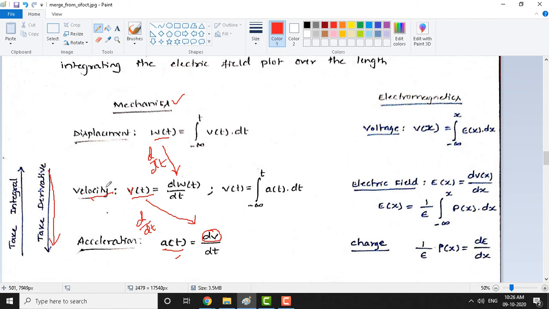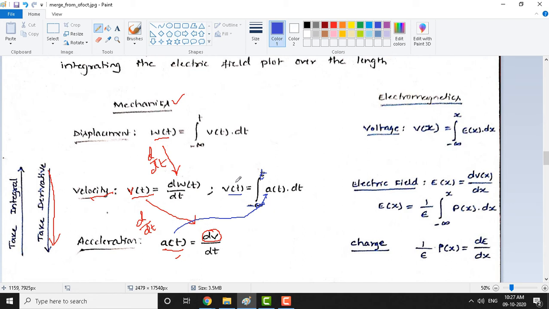If you want to go in the reverse direction, you have to do integration. Suppose you know the acceleration and want to calculate the velocity; here we are integrating from minus infinity all the way up to t. That gives the velocity.